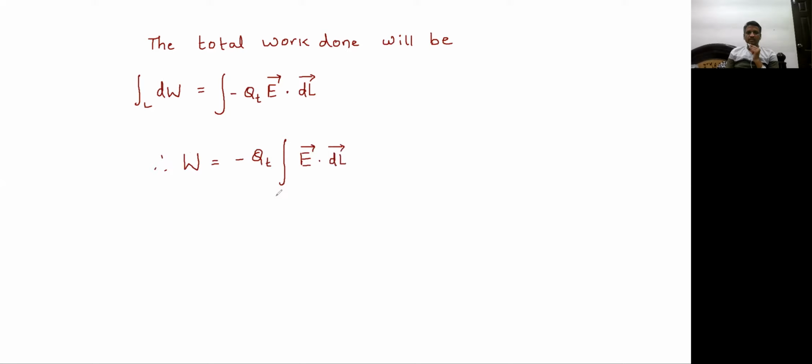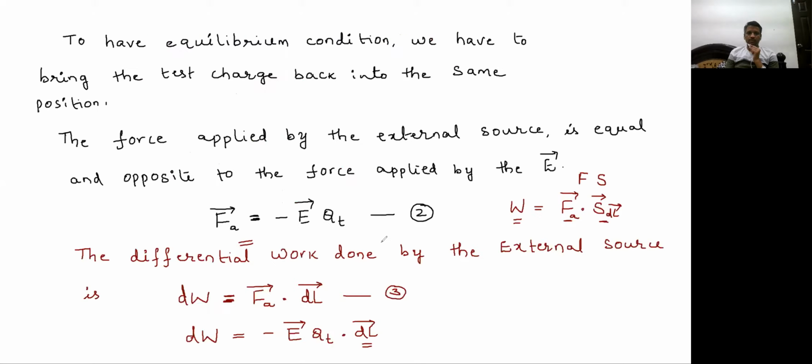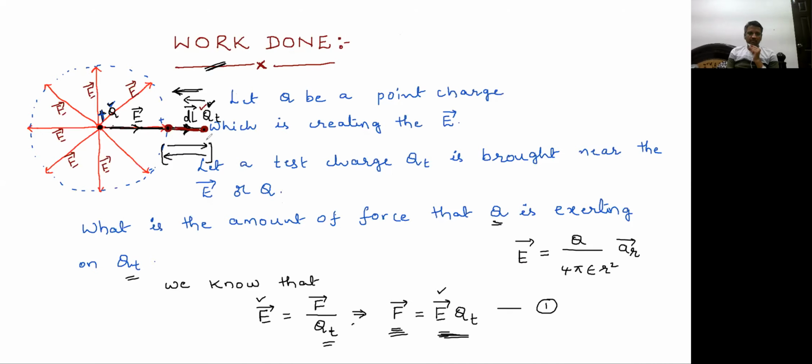But what are the limits of this integration? From what to what? What is the lower limit value and what is the upper limit value? Here, the lower limit will be the starting point of the charge where you are moving. This test charge is moving from this particular place, and that is the final value.